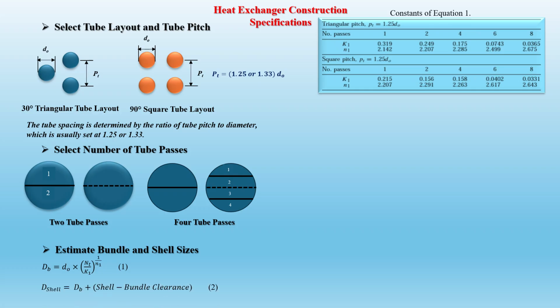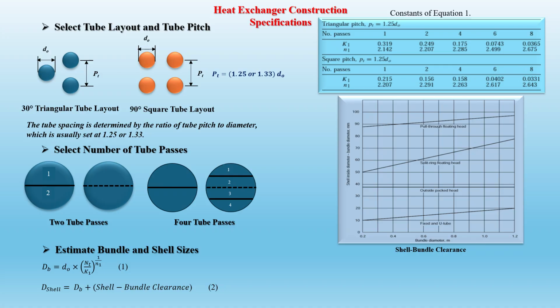To get the shell diameter, which represents the inner diameter of the shell, that is D bundle, which is calculated from equation number one, plus clearance value that can be obtained from this graph, where it depends on the shape or the mechanical design on the shell side.